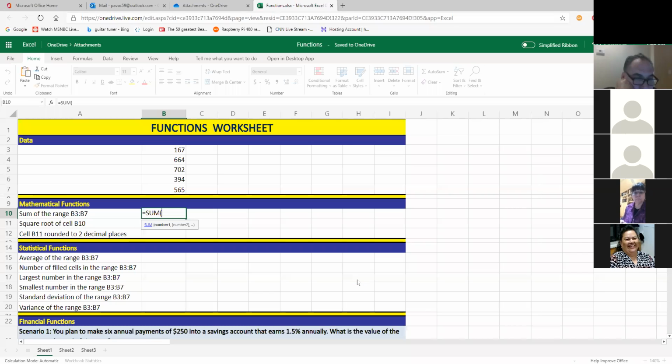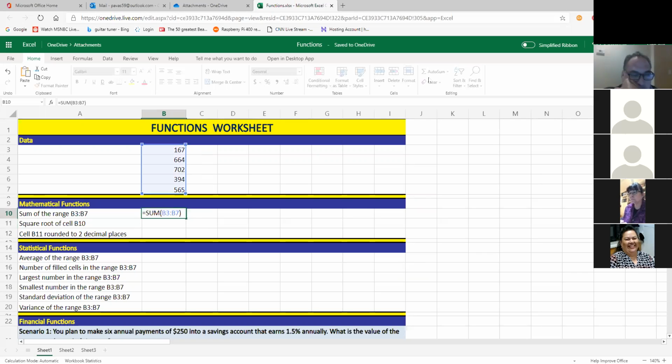I'm going to click it and just type the range, which is B3 to B7, then close the parentheses and press enter, and you should get the result. So I used the sum function for that. What is the result? What is our total there? It should be 2492.